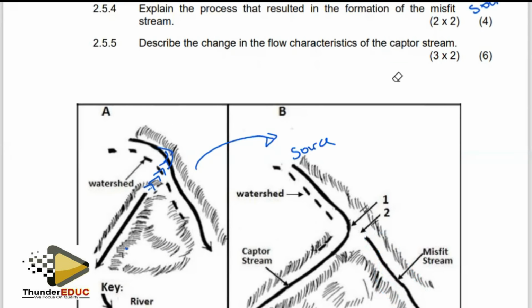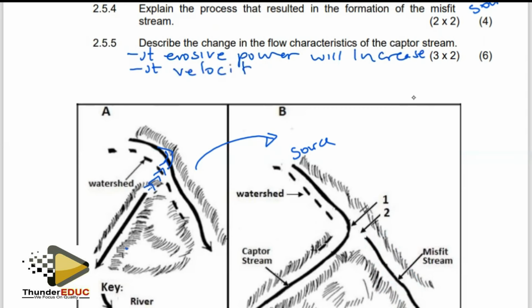All right. 2.5.5 says, describe the change in the flow characteristics of the captor stream. What will happen to the captor stream? We would say its erosive power will increase, its velocity will increase as well. We're flowing so fast.